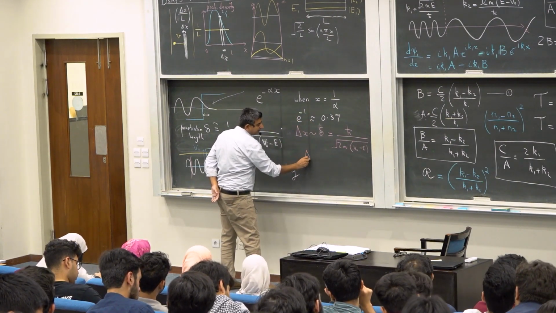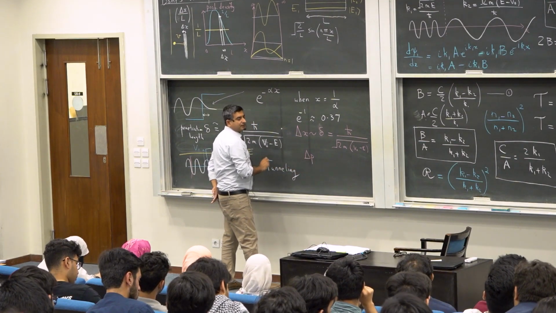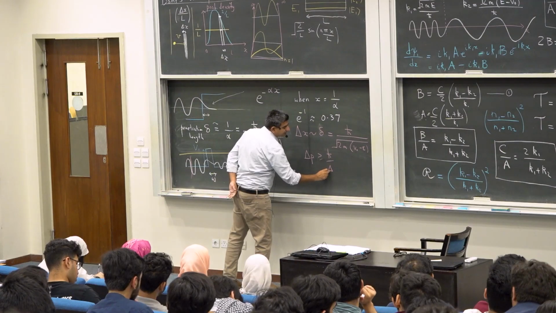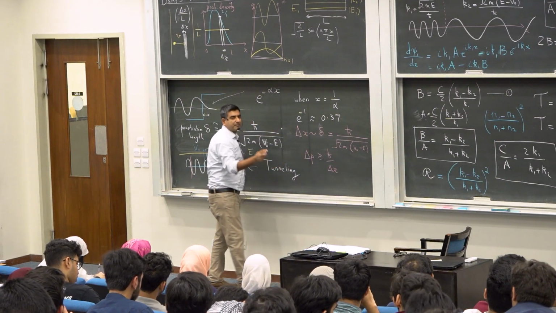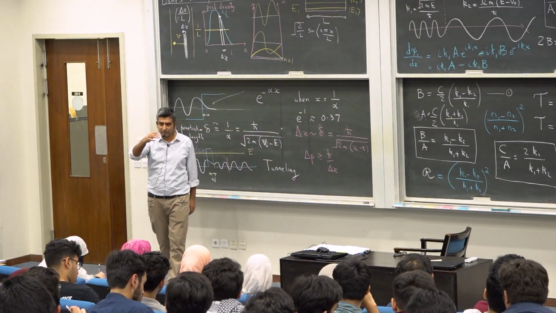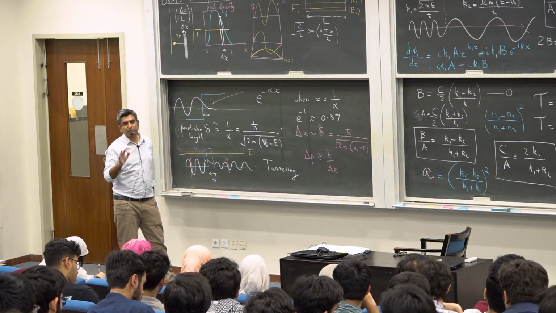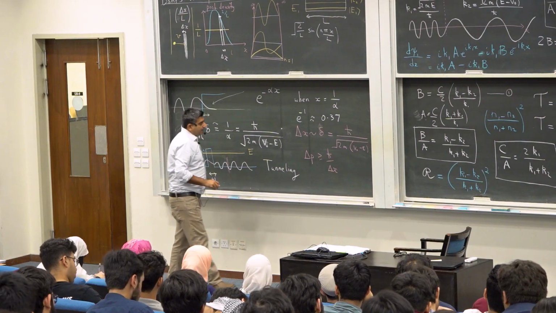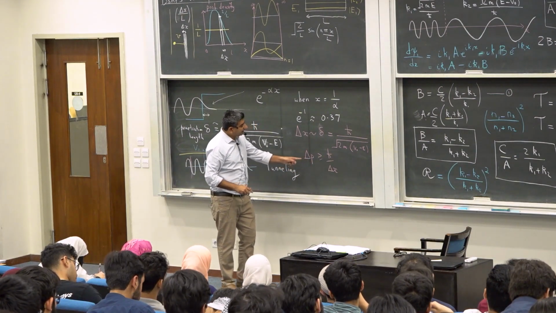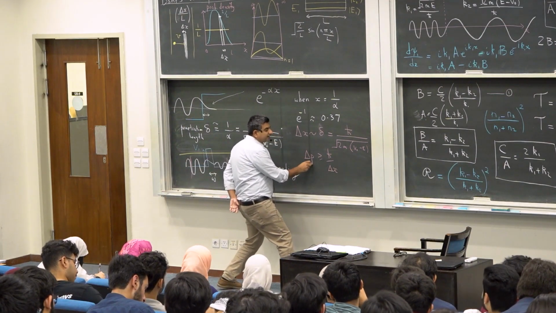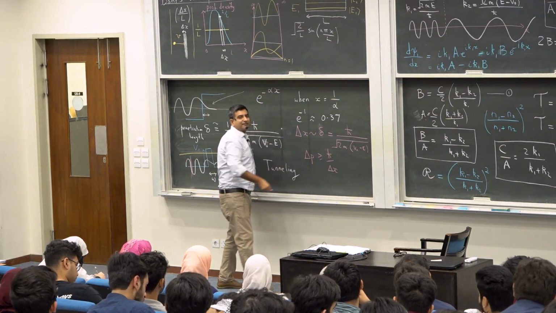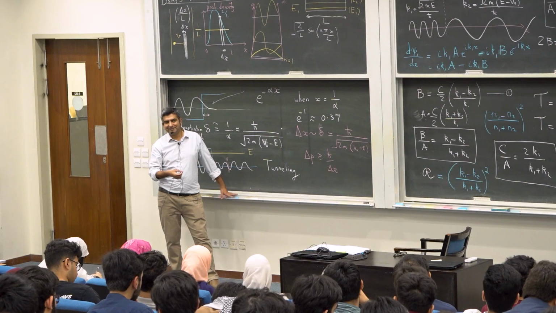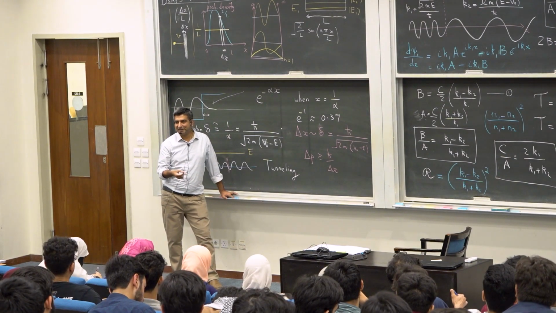Now delta p must be greater than or equal to h bar over delta x, if I'm ignoring the factors of 2 and 1 over 2 and so on, because they don't really matter. Which means that delta p must be greater than this thing, the uncertainty in momentum, which means that the momentum must be at least as big as the uncertainty in the momentum, right?